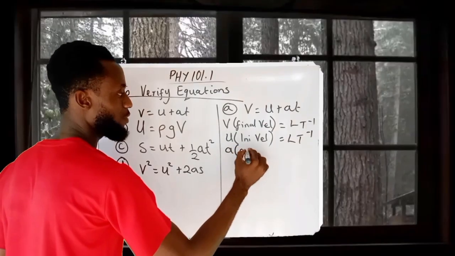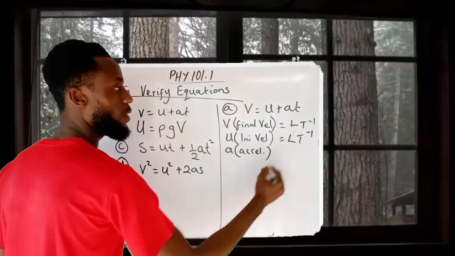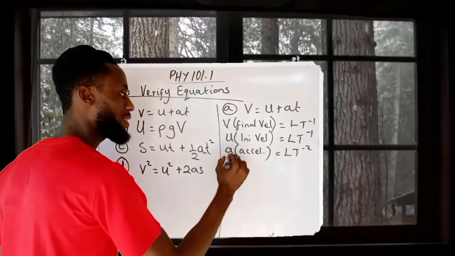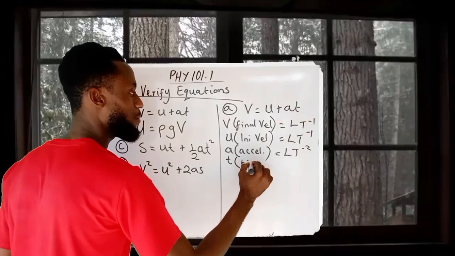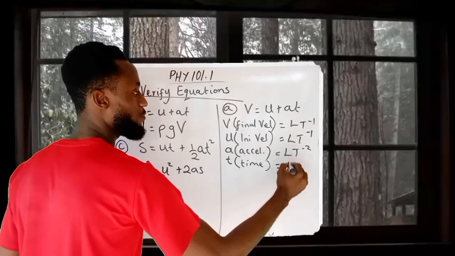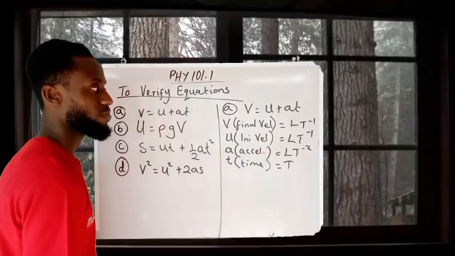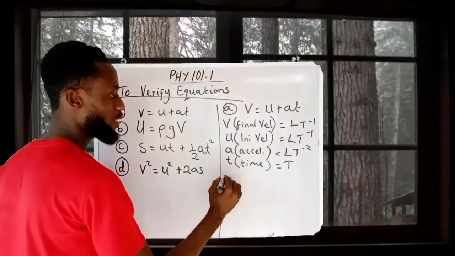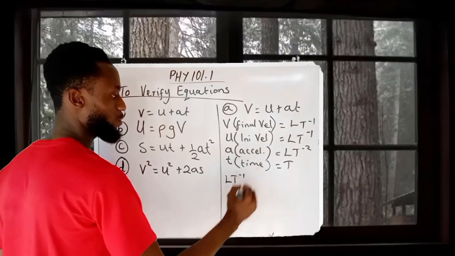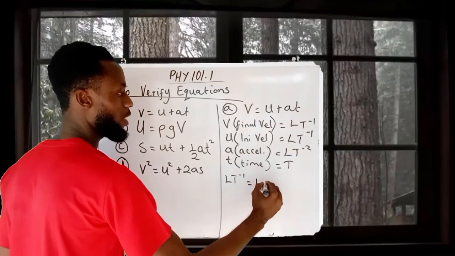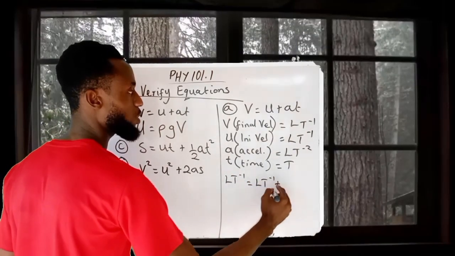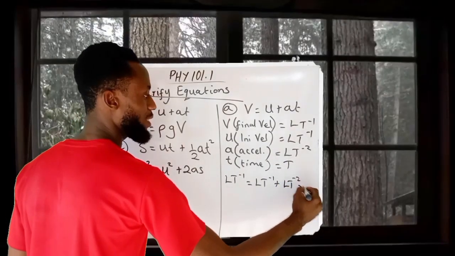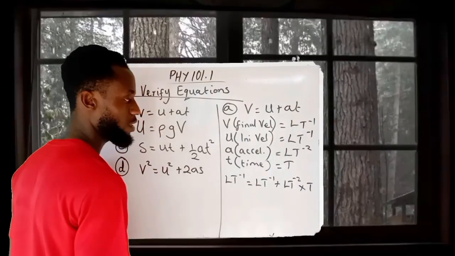A, which means acceleration, we have already confirmed that it is LT^-2. And T, which means time, we already have confirmed that that's capital letter T. So if we want to now show the workings, inserting their dimensions where they belong, LT^-1 becomes equal to LT^-1 plus acceleration, which is LT^-2, times time, which is T.